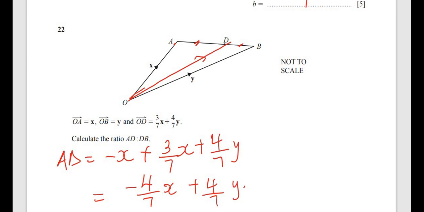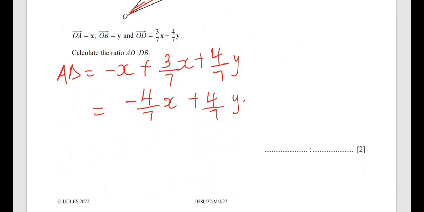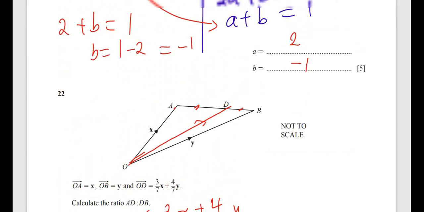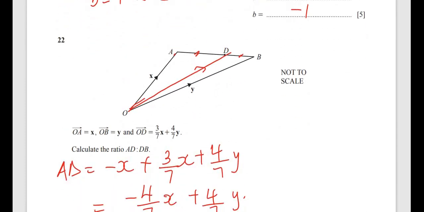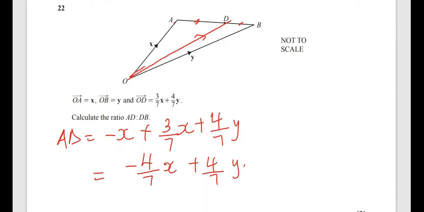Then I want us to find vector AB. Vector AB is actually minus x plus y. Then this is AD.